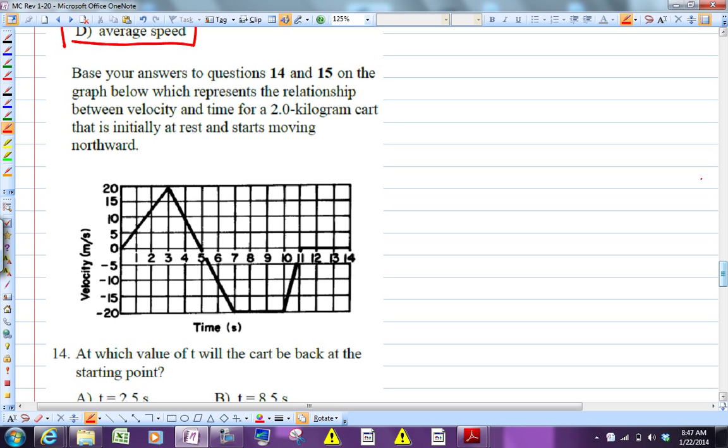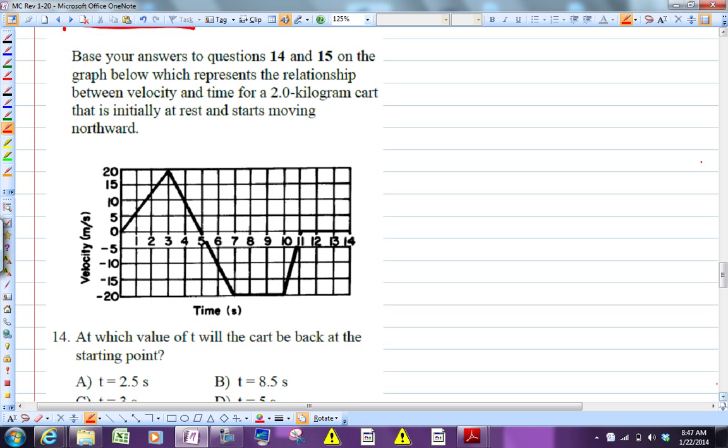This next question, question 14, is another question about displacement. If you remember from earlier, the area on any graph is equal to the y thing times the x thing. In this case, that's velocity times time, which gives us displacement. So we want to know when the cart arrives back to its starting point.